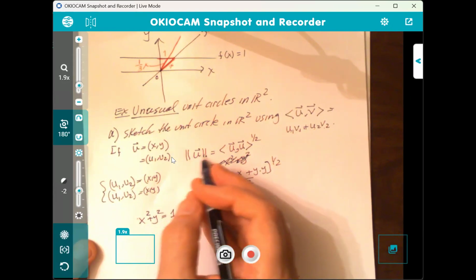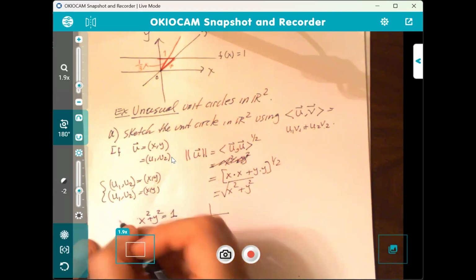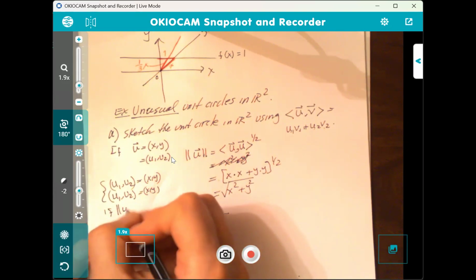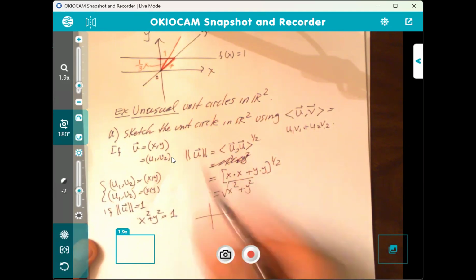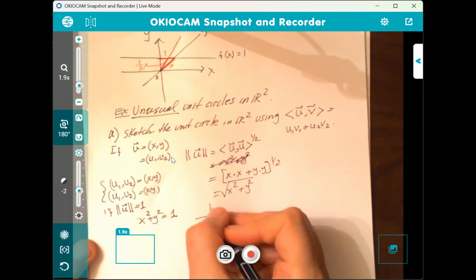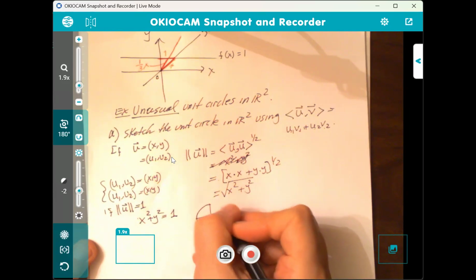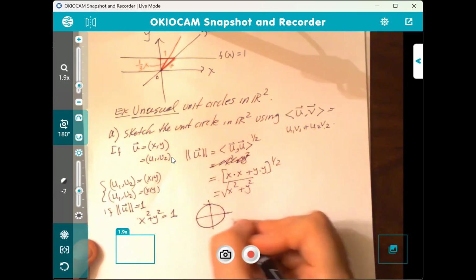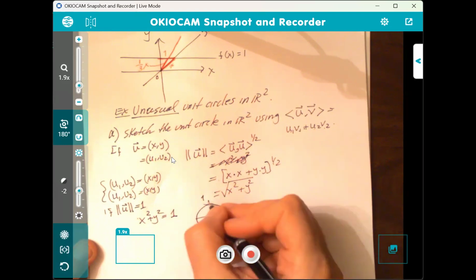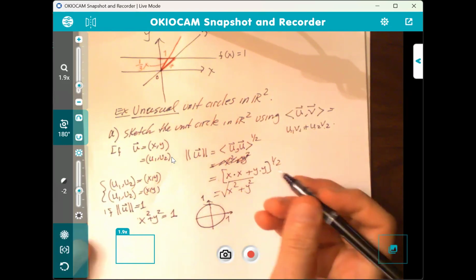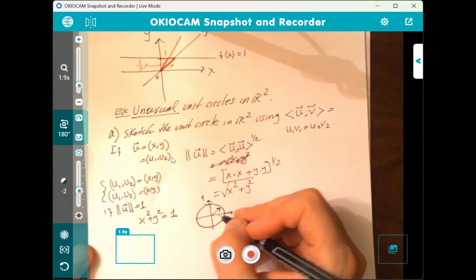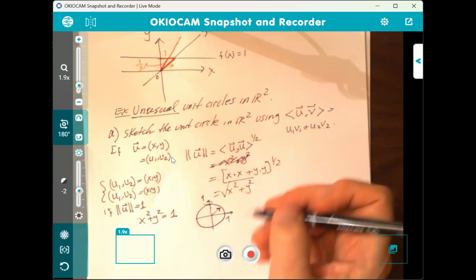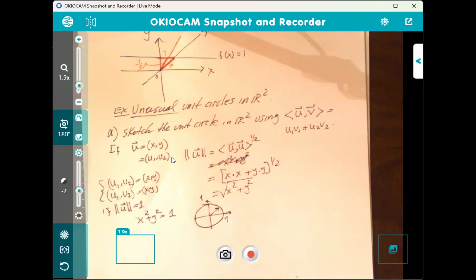If the magnitude of u is 1, you get x squared plus y squared equal 1. And for this one, we actually get, there you go, your typical unit circle, radius 1, and so the magnitude of u is going to be 1. Again, nothing out of the ordinary or unusual about this unit circle.